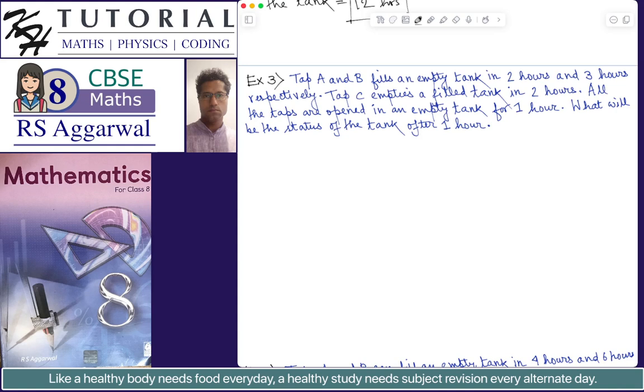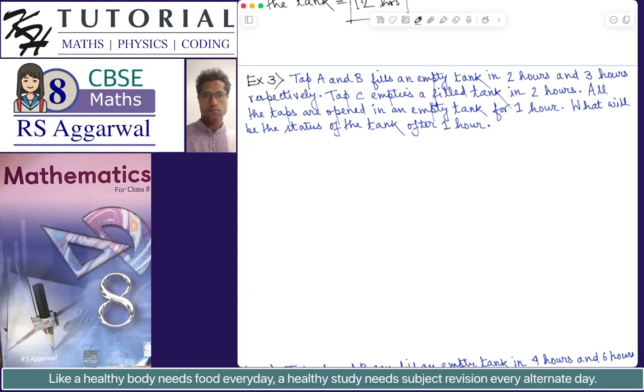Because if the net work done by the taps A, B and C in 1 hour is positive, only then can we say that some part of the tank will be filled in 1 hour, and if the net work done is negative, then the tank will never get filled by any water, because the tank is initially empty.